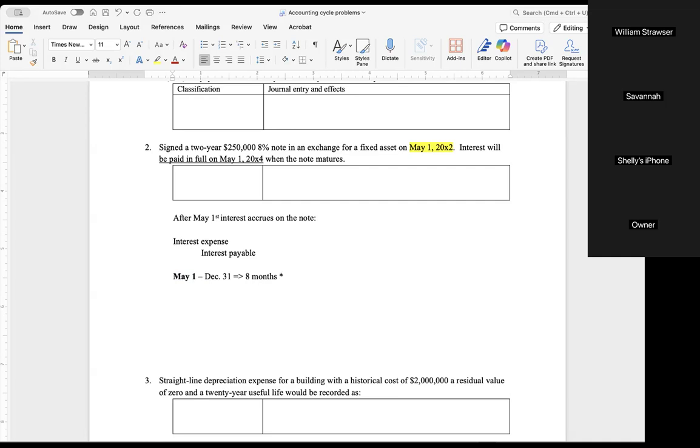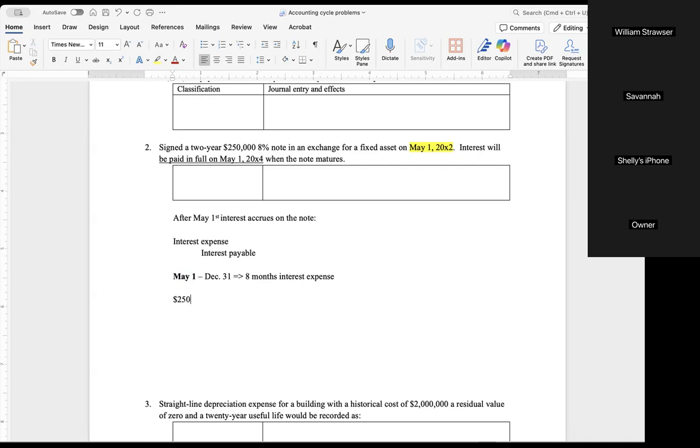So with those 8 months, that's the amount of interest expense we want. Now, we take the $250,000, that's the principal, right? The amount that we're going to have to pay. We take that and multiply it by the interest rate. And always understand that annual interest is assumed unless otherwise said.